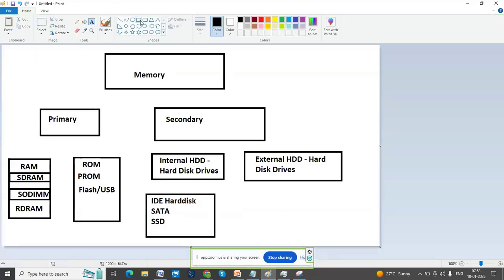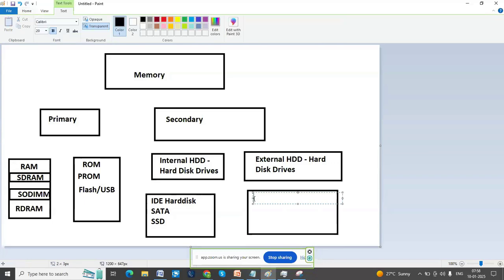Similarly, an external hard drive is nothing but externally used. What are the examples? External hard disk, CD drive, DVD drive, USB drives, memory cards.